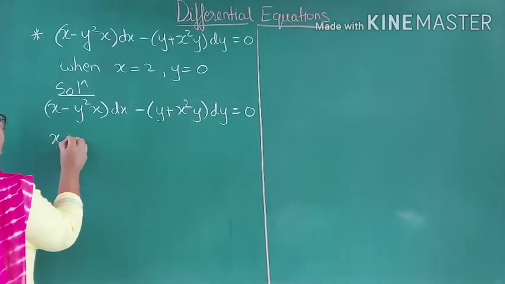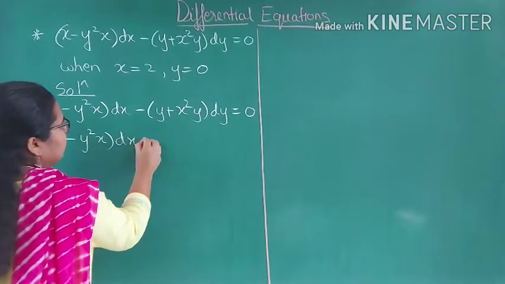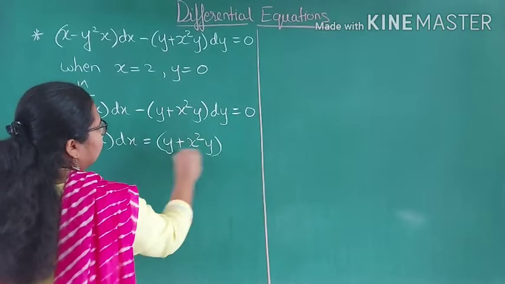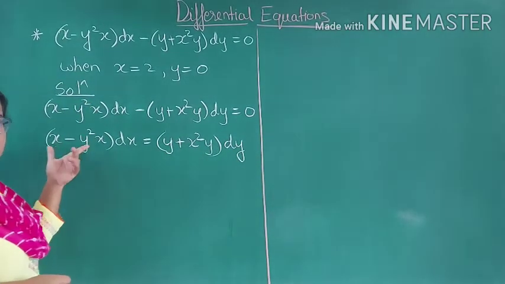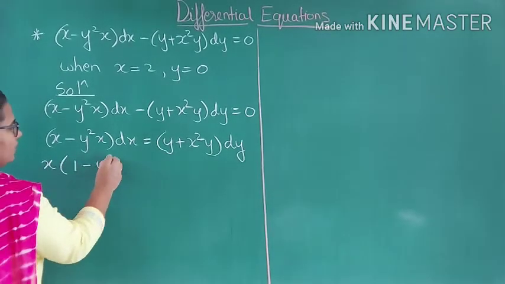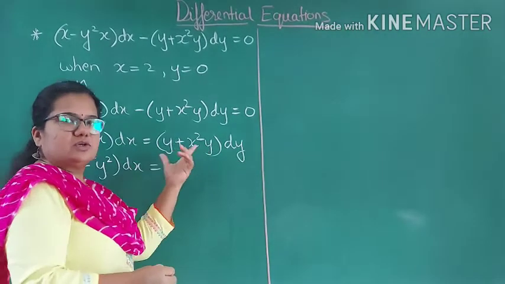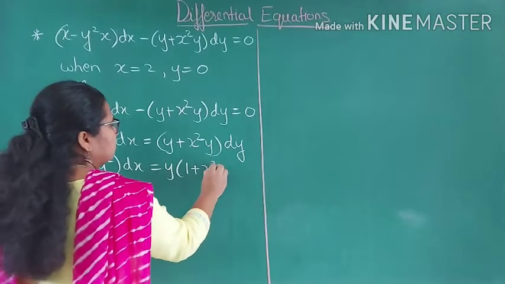So what you have: (x minus y square into x) dx is equal to (y plus x square into y) dy. Yes, now from these two terms we can take x common out. So we have x into (1 minus y square) dx equal to, from these two terms you can take y common out, so y into (1 plus x square) dy.